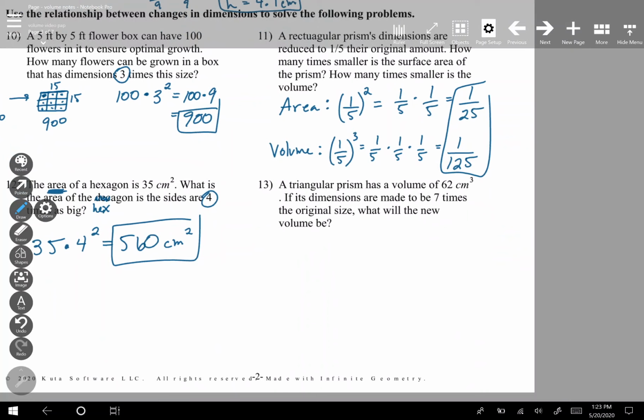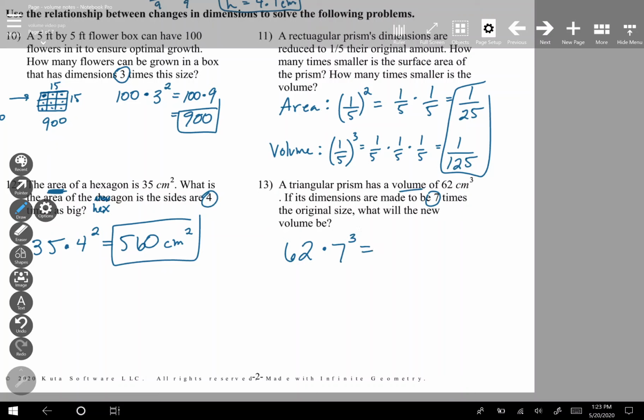Alright. This one here says a triangular prism has a volume of 62 centimeters cubed. If its dimensions are made to be 7 times the original size, what will the new volume be? Take your original 62 times, and our scale factor is 7, but we're dealing with volume, so I have to cube that.